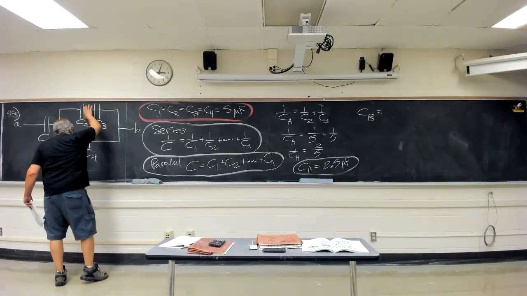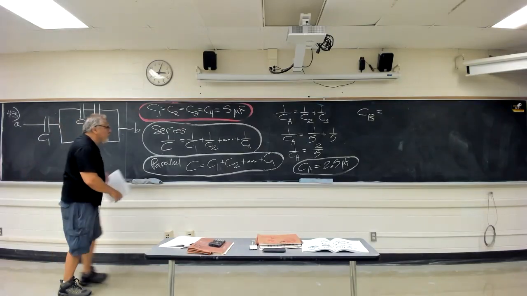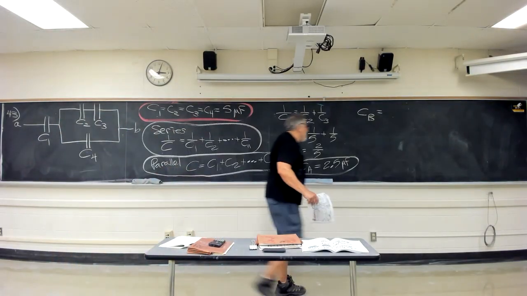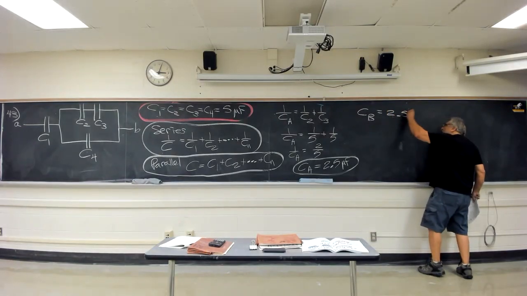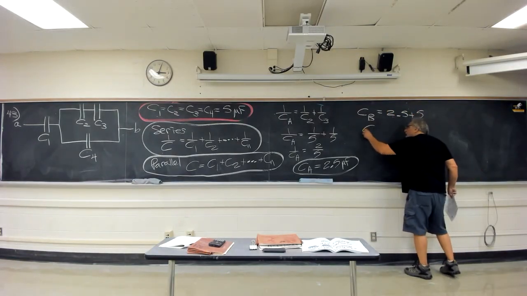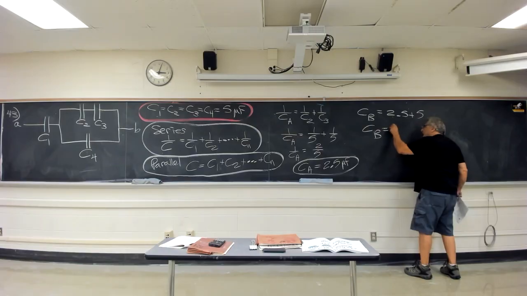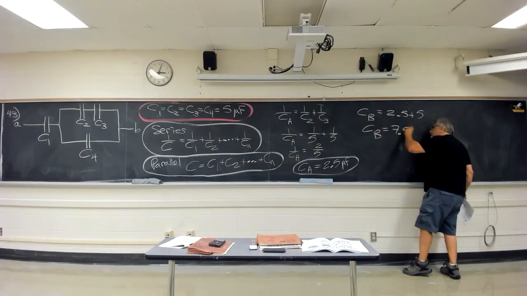Up here we discovered 2.5 microfarads. This is 5 microfarads. 2.5 and 5 that are parallel to one another is 2.5 plus 5. That whole loop at the end of the day is 7.5 microfarads.